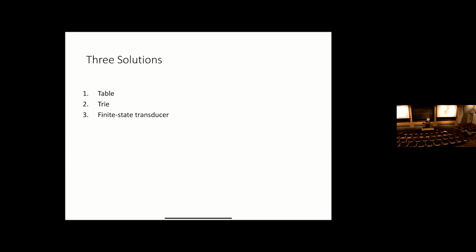What disadvantages does it have? Well, similar to a table, you have no way of handling out-of-vocabulary words. You have no way of dealing with words that are not in the lexicon.